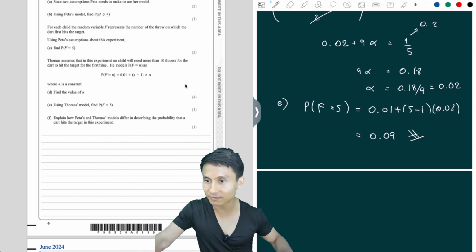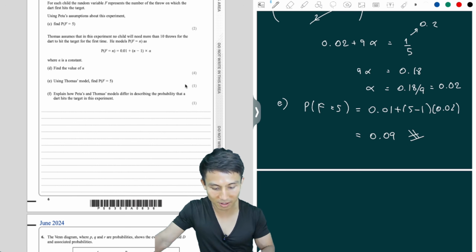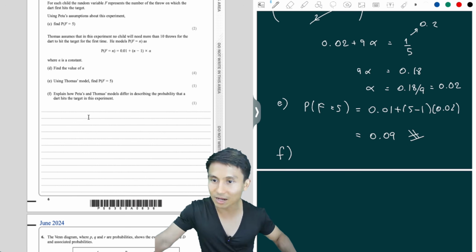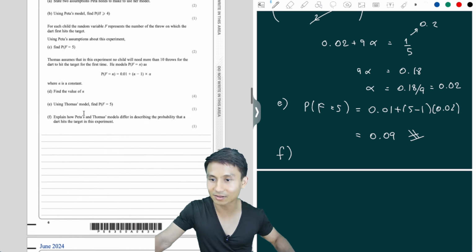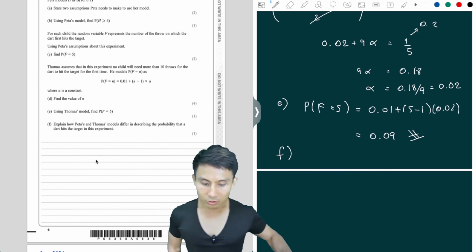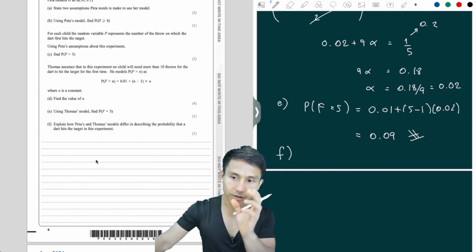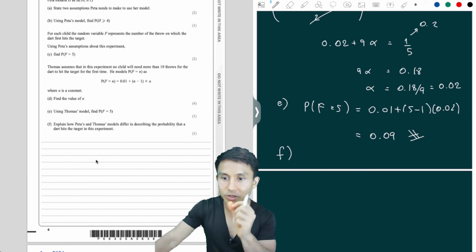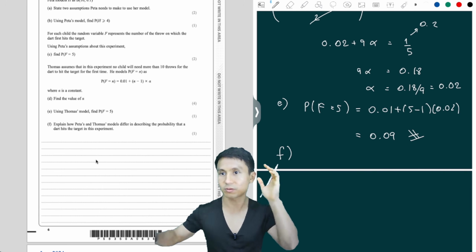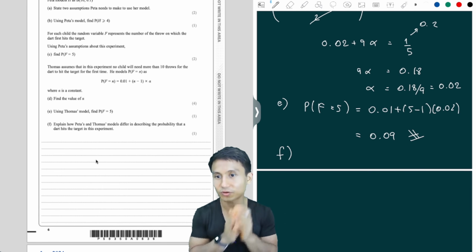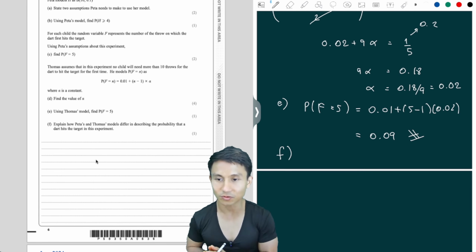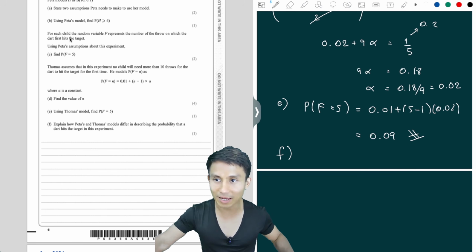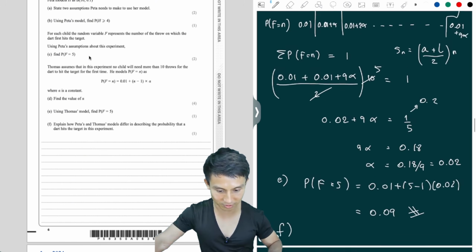And that's it. Okay? And part F, explain how Peters' and Thomas's models differ in describing the probability that a dot hits the target in this experiment. So if we compare, because look, we have done P(f = 5) for both according to Peters' model and Thomas's model, right? So looking back to Peters' model, P(f = 5), it was what?